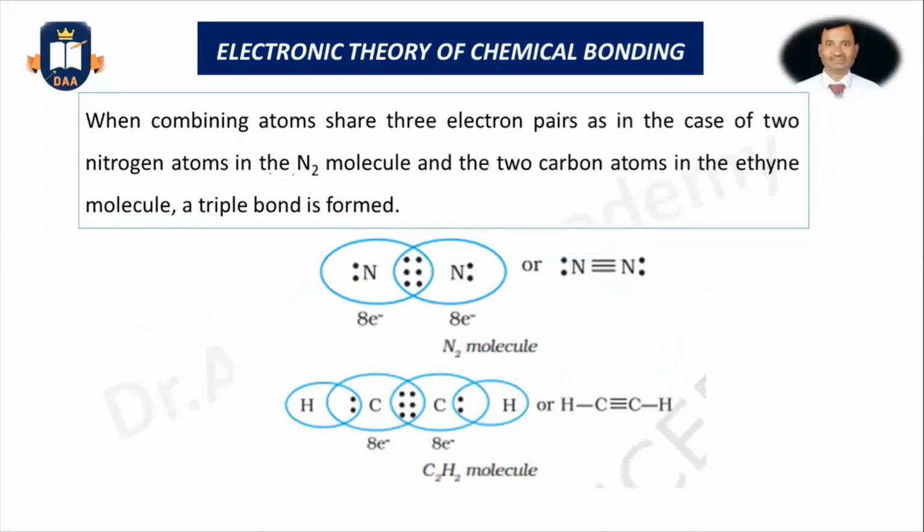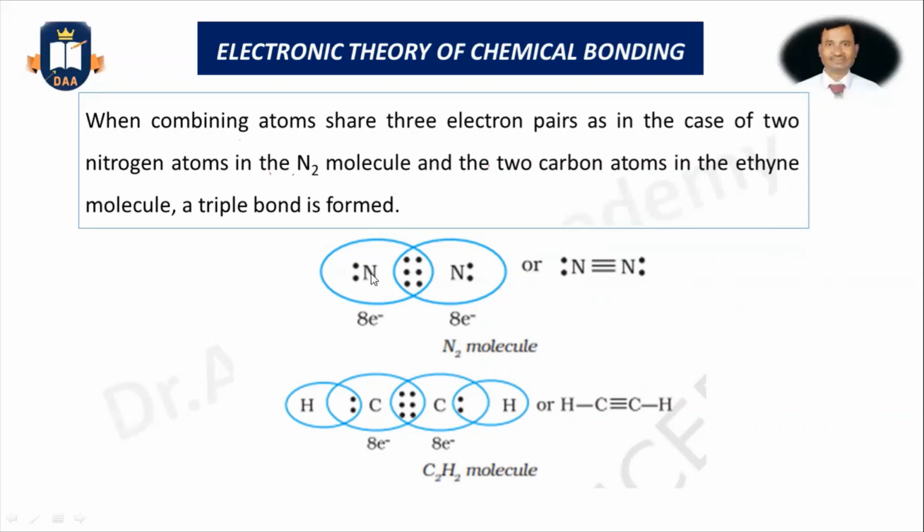Now we'll discuss the triple bond formation. So we'll take the example of the nitrogen molecule, which is N2, and here each nitrogen has 5 electrons in its outer shell, 1, 2, 3, 4, 5.